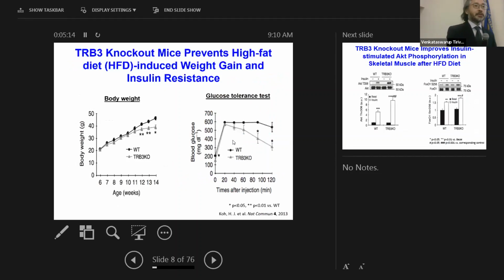In our previous study, we took TRB3 knockout mice and wild type animals, and put them on a high-fat diet. As you can see here, TRB3 knockout mice gained less weight than the wild type animals. When we challenged them with glucose tolerance injections, they showed improved glucose tolerance, meaning they have better glucose metabolism.